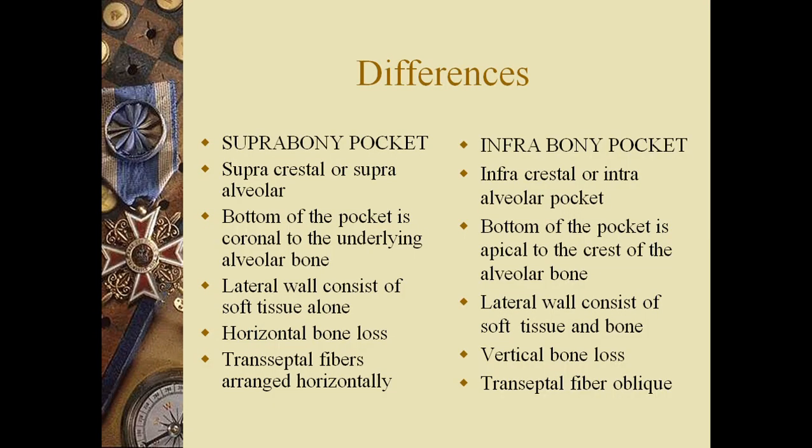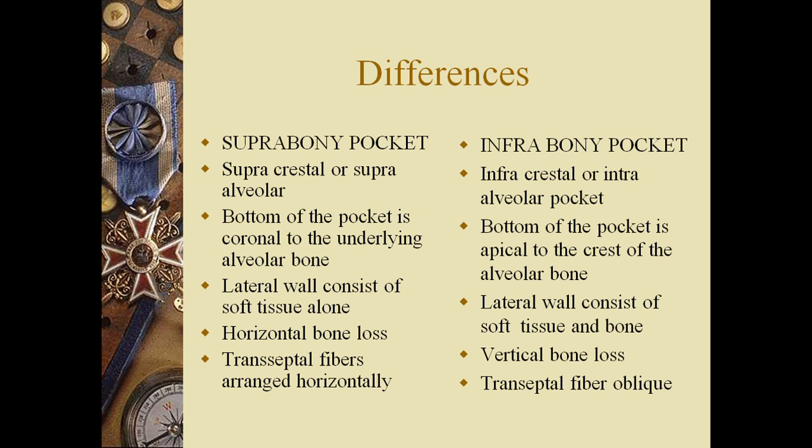Differences between suprabony and infrabony pocket. Suprabony is also known as supracrestal or supraalveolar. Infrabony is also known as infracrestal or intraalveolar pocket. In suprabony, bottom of the pocket is coronal to underlying alveolar bone and lateral wall consists of soft tissue alone.